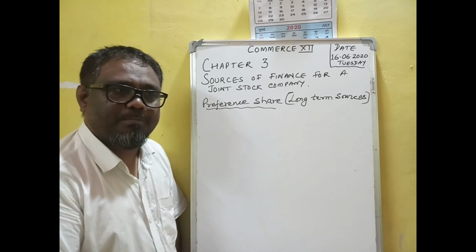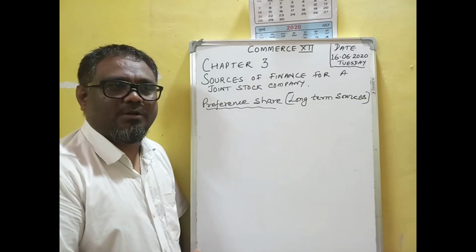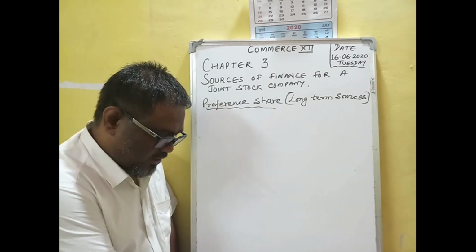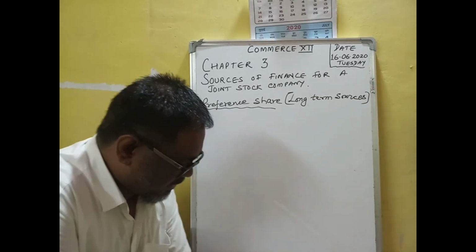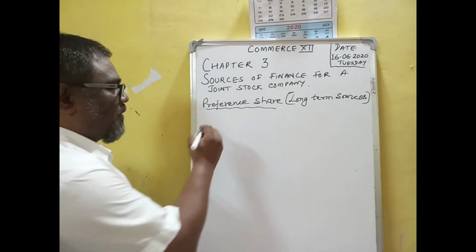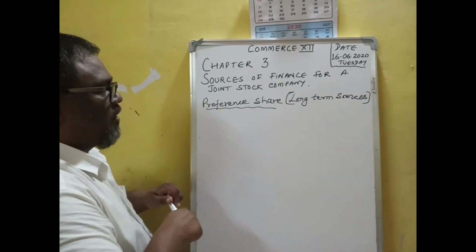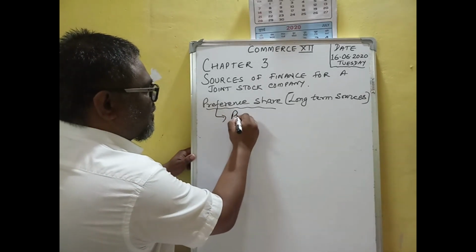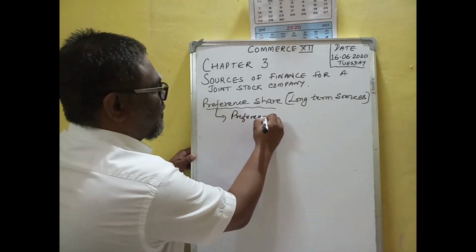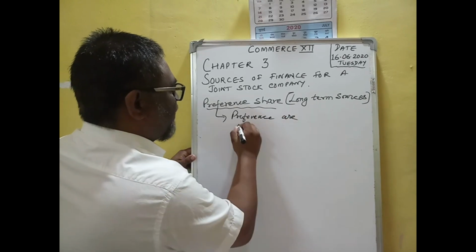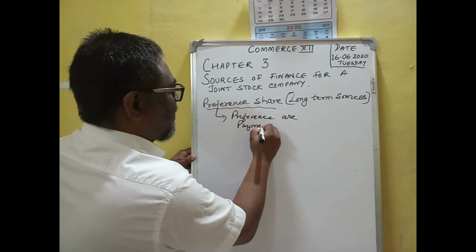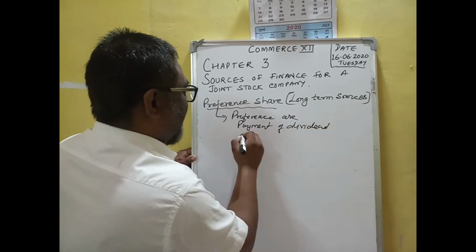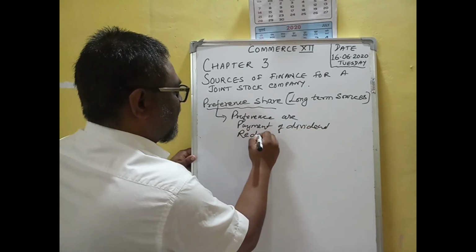But they are just a loan provider. So the company has to redeem back their capital. Now these preference shares are of different types. First of all, the two preferences are payment of dividend and redemption of capital.